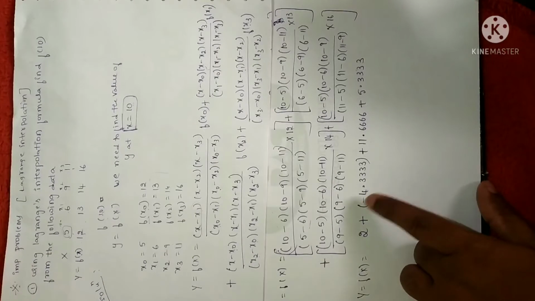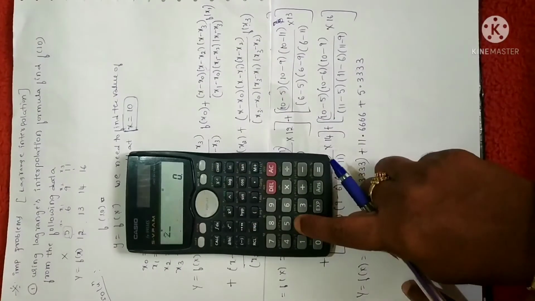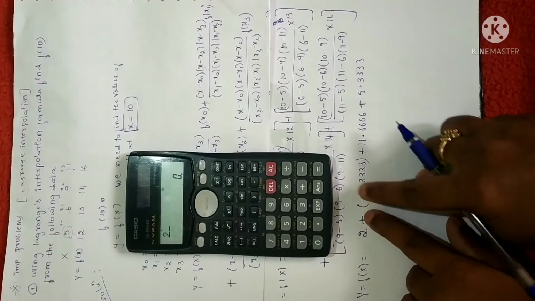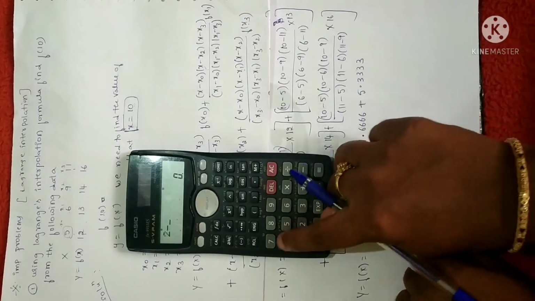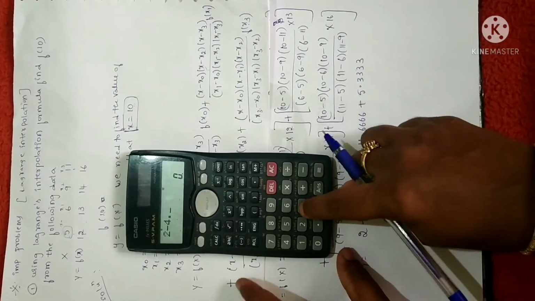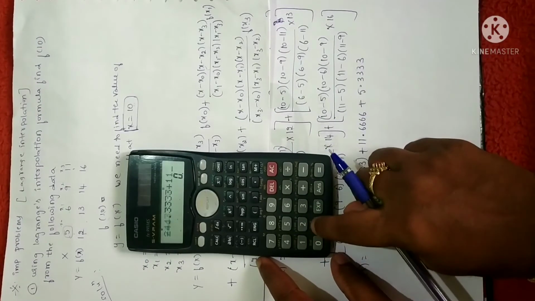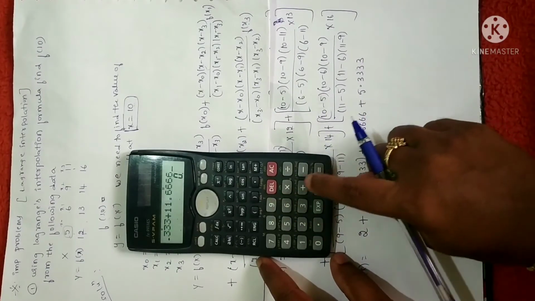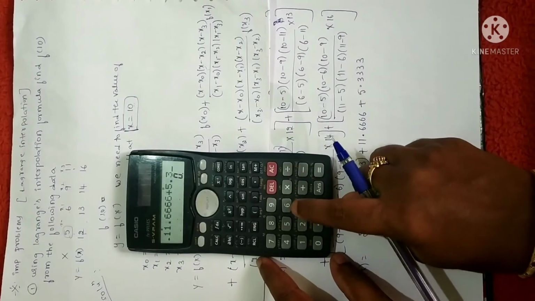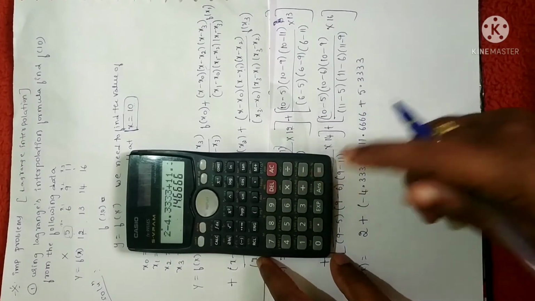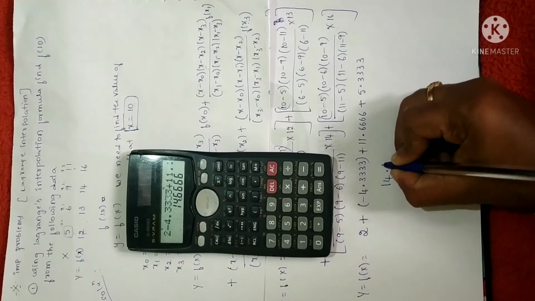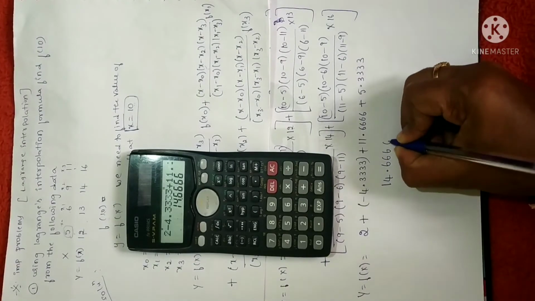Right now I am going to simplify the final step. See here, the calculator. Plus into minus is minus. So minus 4.33333 plus 11.6666 plus 5.333. So the total answer is 14.6666.